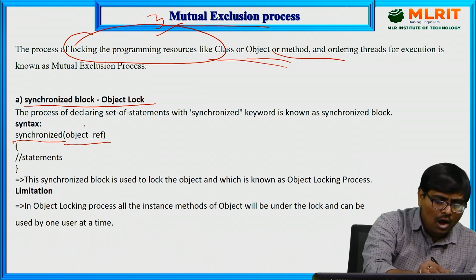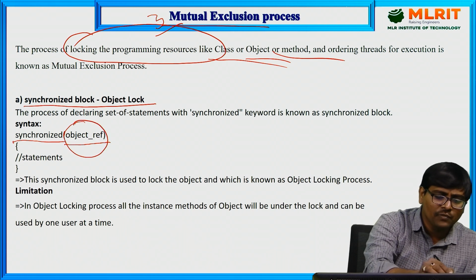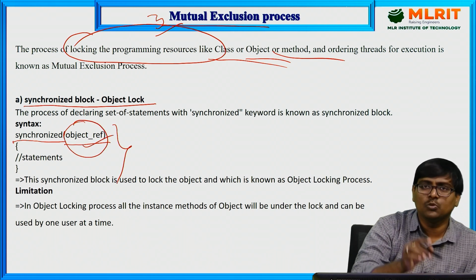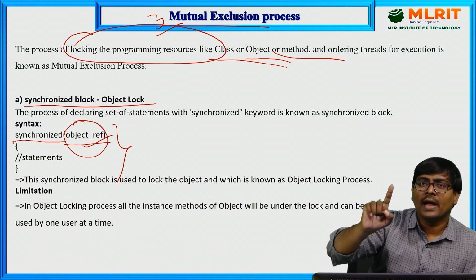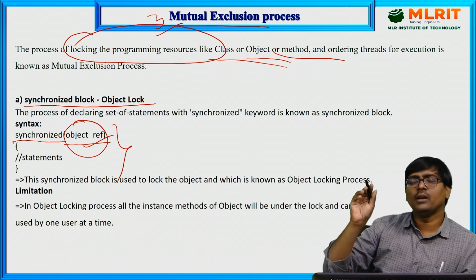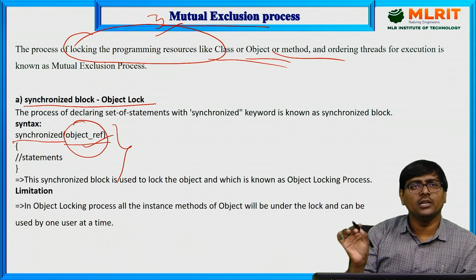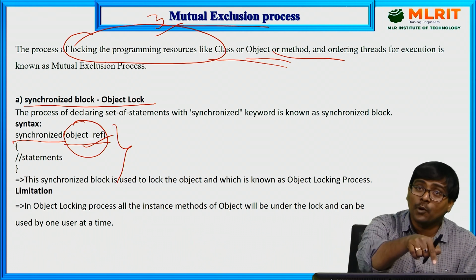All the instance methods of that object are locked. Suppose you write this in thread 1, until completion of thread 1, all remaining threads need to wait. That is the only problem here.